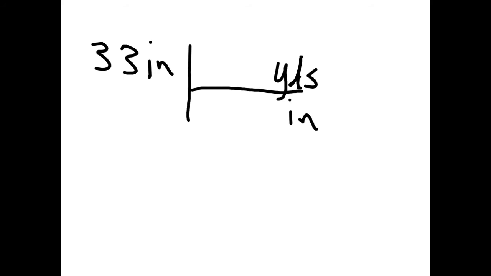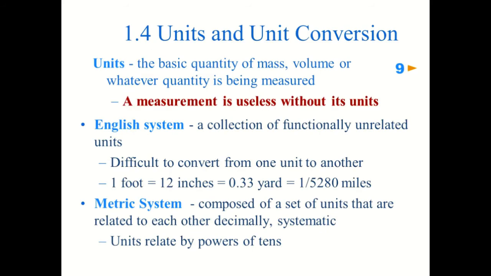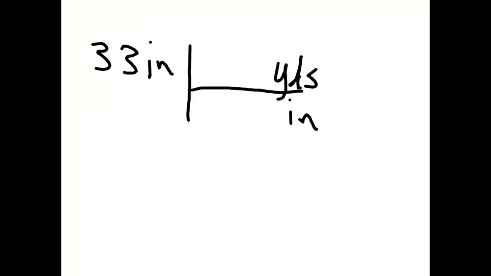Now I go back and I look at what the ratio is between inches and yards, and that's going to be my conversion factor. Okay? There are 12 inches in every 0.33 yards. So what number goes on the bottom? 12. There are 12 inches in every 0.33 yards.